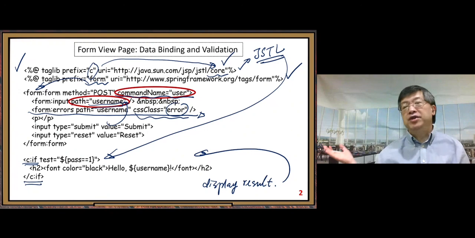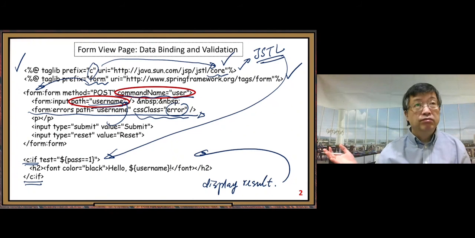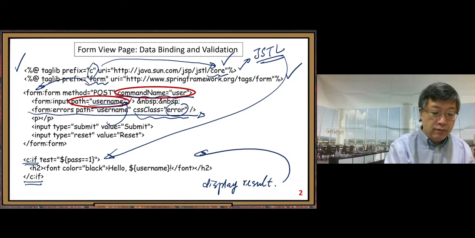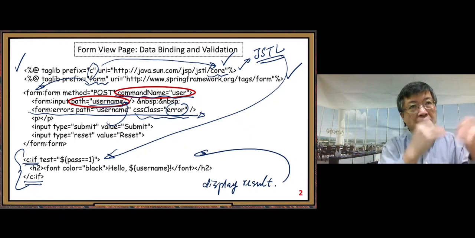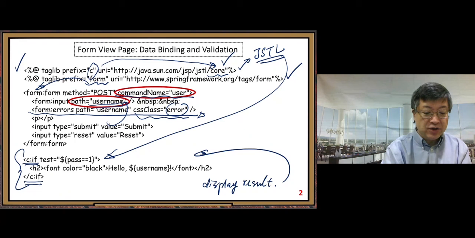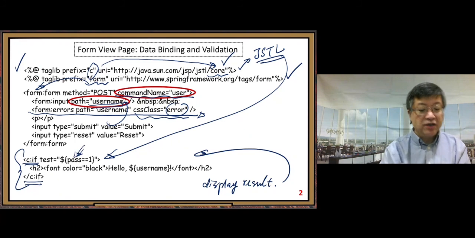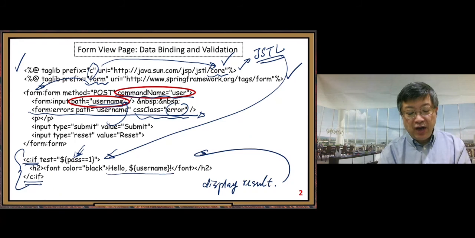The first time there is no data attribute stored in the request scope. The second time we have this pass piece stored. So the second time we display this hello, username. This is the EL expression, okay, EL.